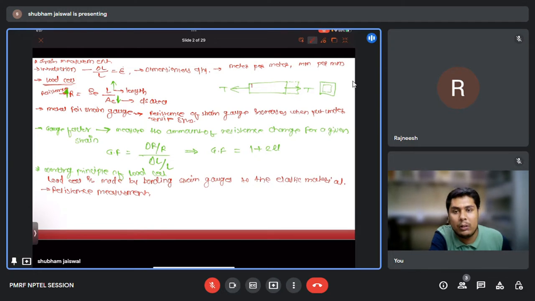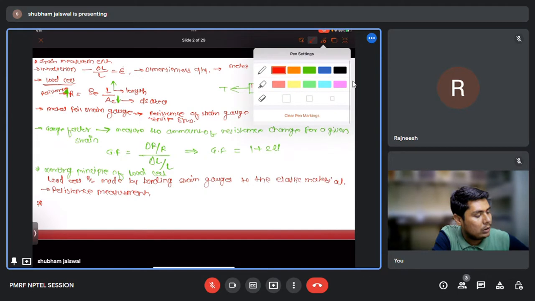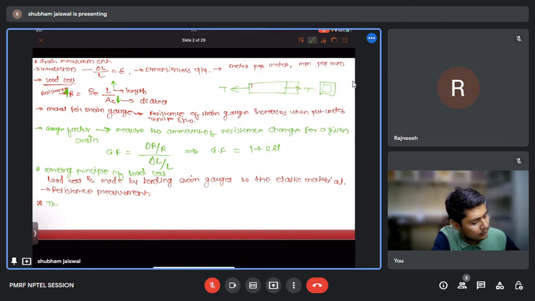After that we went to a new term, that is torque measurement. In torque measurement we have seen the different instruments that are used for measurement of torque. If we want to measure the torque on a static component, we use a torque arm and a force transducer.